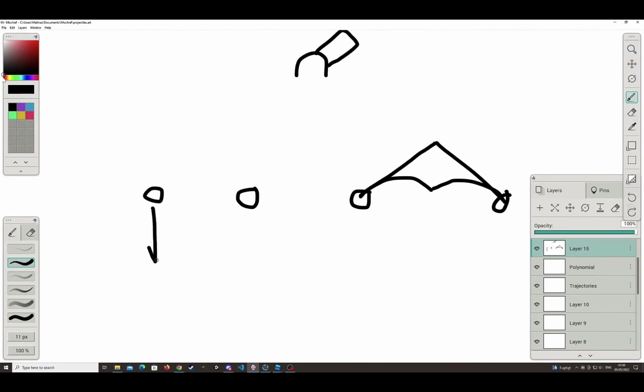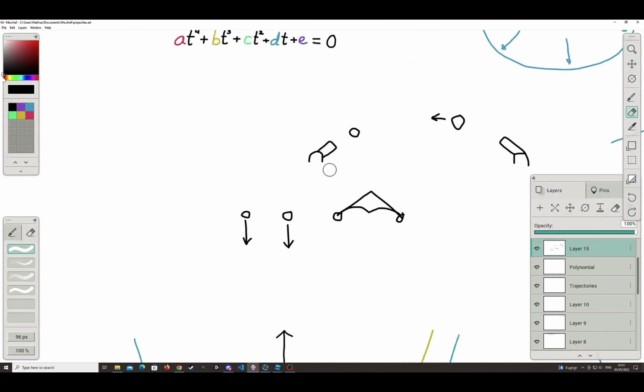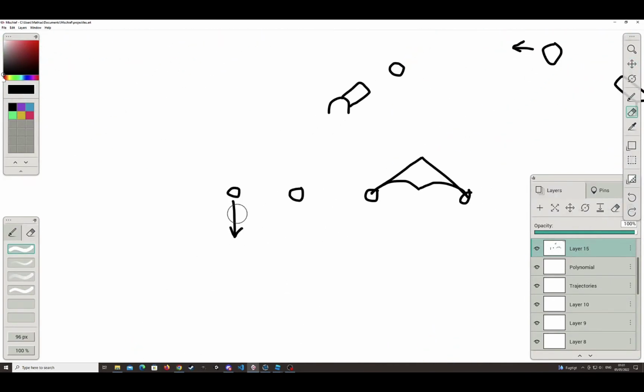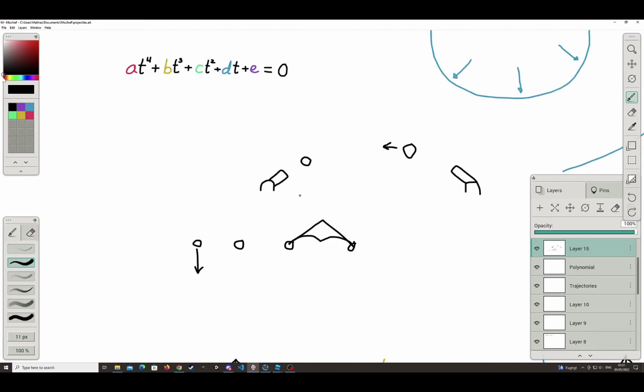But if they're both moving down at the same speed, then they might as well not be moving at all, relative to each other, at least. Okay. But in the static example, this one is accelerating, but this one is not. So we have to account for acceleration in that case.